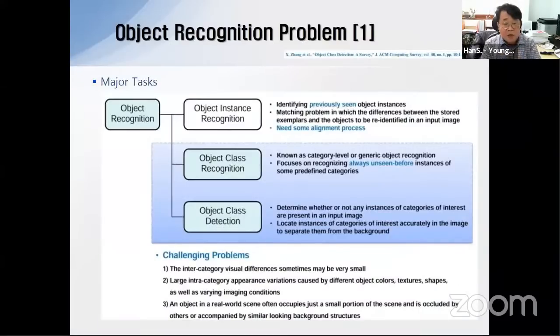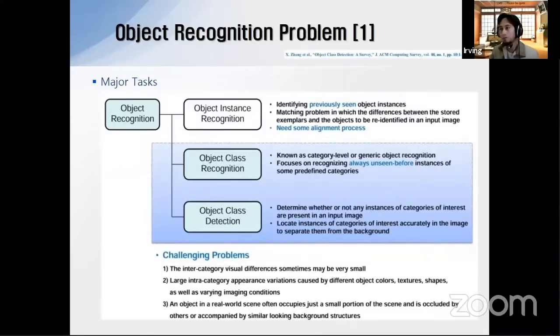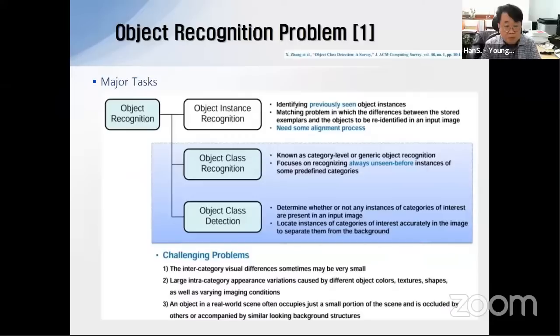As far as I know, most of the audience is undergraduate students, so I will briefly introduce the definition of the object recognition problem. Object recognition is the task of recognizing the objects in an image itself. It is briefly divided into three categories: object instance recognition, object class recognition, and object class detection.